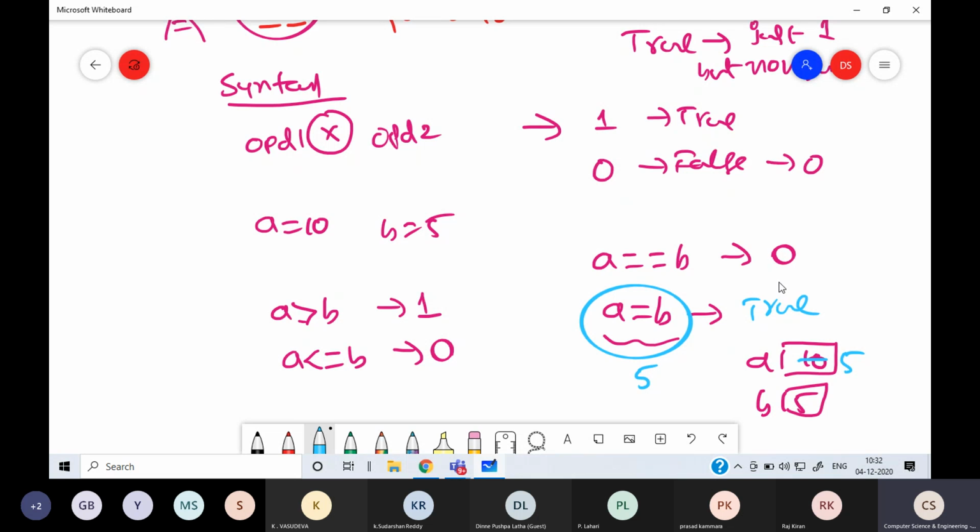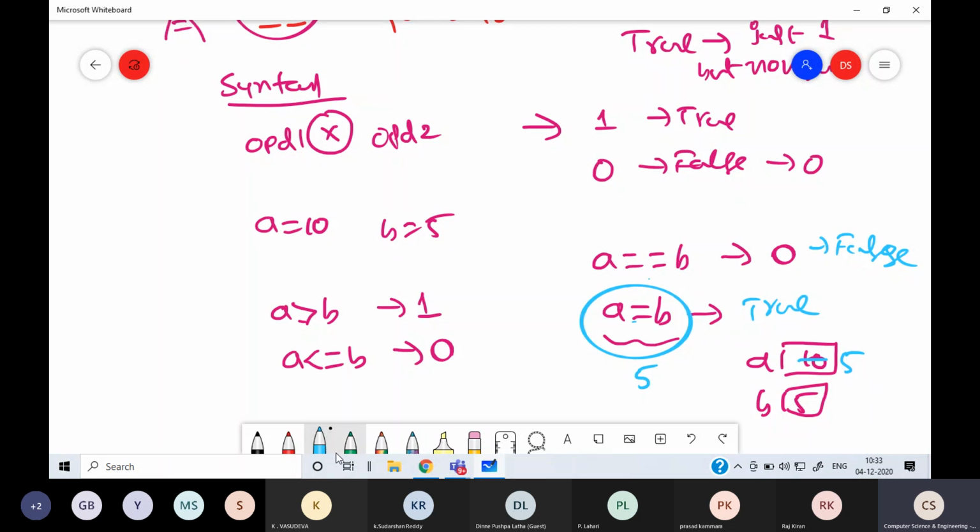A double equals to B is 0, but A single equals to B is not only changing the A value, but the result instead of false has now become true. So you have to be careful when you are comparing whether two numbers are the same or not.